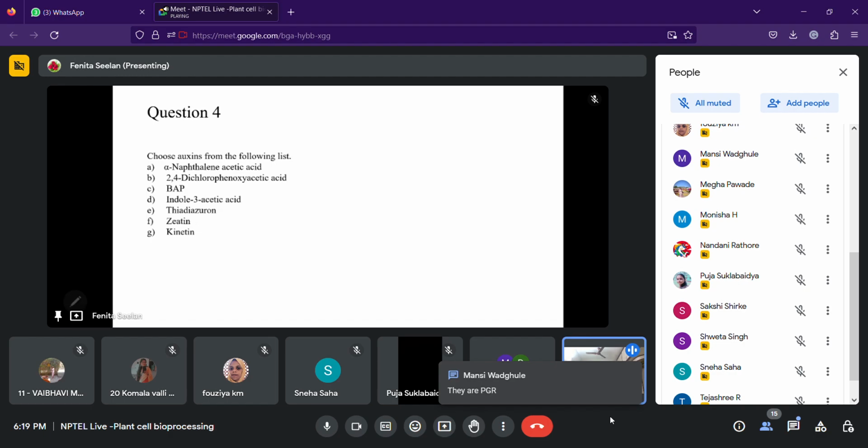Are they natural, or are we manufacturing them synthetically? Both. Some will be synthetic, some may be natural. What do you think is the natural auxin present in nature? Out of these, can you name anything?